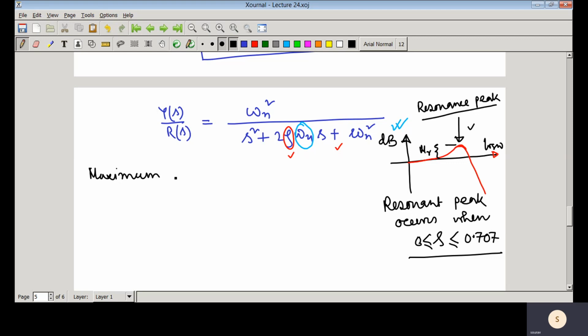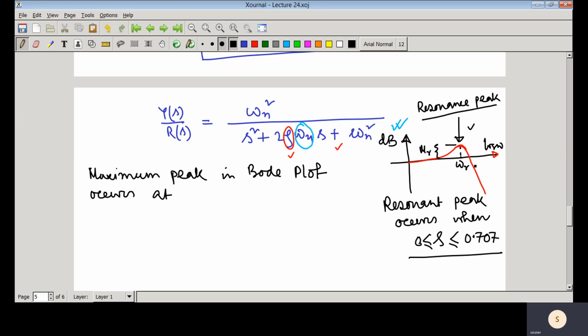Again I am telling you, this peak is in the frequency domain, and we are discussing the closed loop frequency response. The maximum peak in the Bode plot, which we have done for the closed loop transfer function, occurs at this particular frequency, omega r.